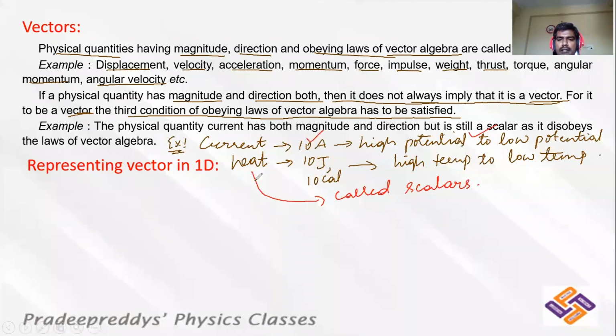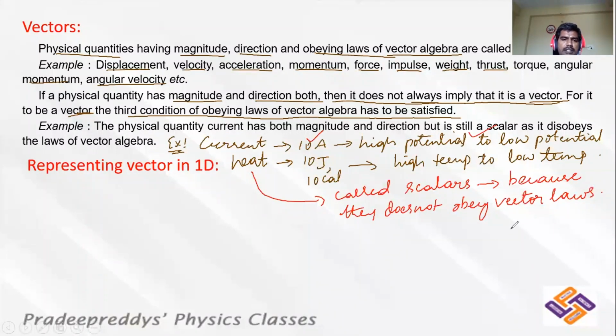Therefore, heat and current, even though they have magnitude and direction, are called scalars because they do not obey vector laws. There are a few vector laws which we will learn in this chapter in the next coming video sessions.